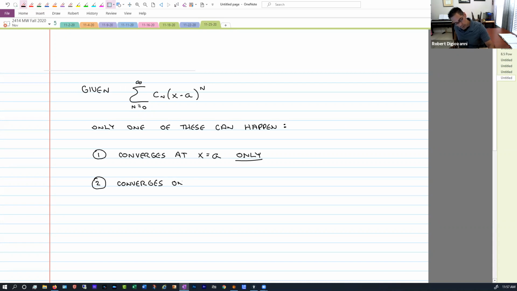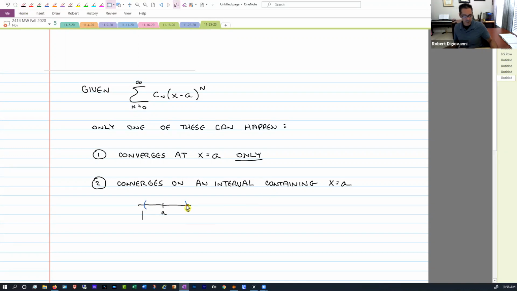on an interval containing a. Visually, it would be like this. A number line, here's a, and we would have some interval where it converges. Now that interval can be an open interval like that.